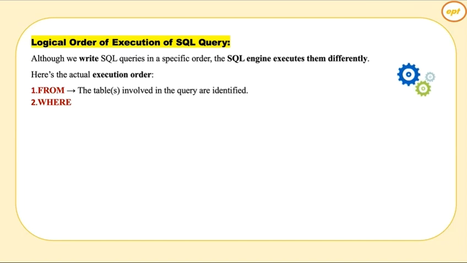In the next step, the WHERE clause will be executed. Once the data source is identified, SQL filters the unwanted records before grouping happens. That means the WHERE clause applies conditions to eliminate the rows that don't meet our business criteria. What is the purpose of this?